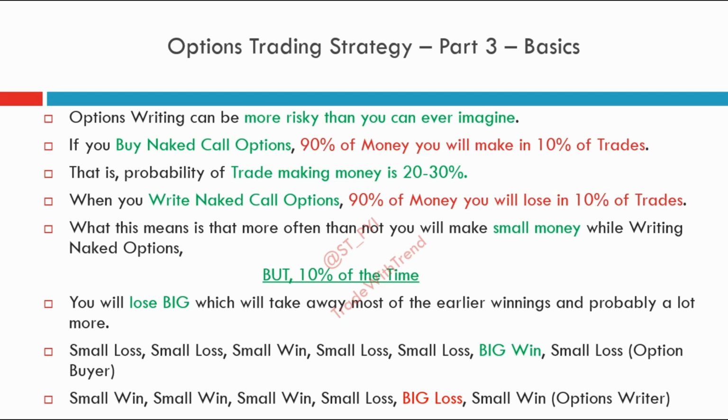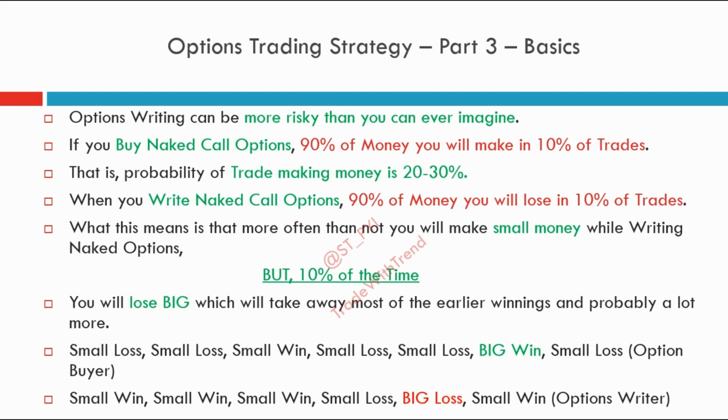Because that is the nature of trend trading, or the nature of trading in general, that you're successful only 20 to 30, or let's say 40% of the time. If you're trading futures and equities, your success rate is somewhere between 35 to 45%. But when you're trading options, that success rate comes down to 20 to 30% just because of time decay.